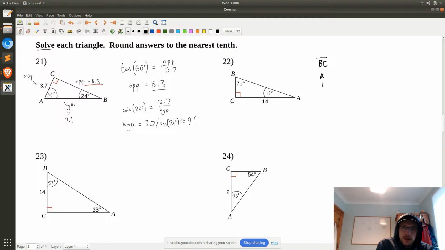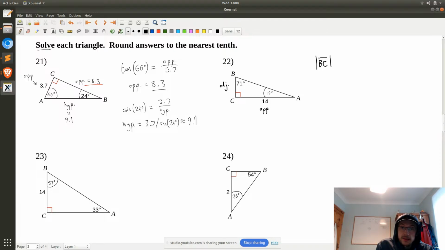And this is how you say the length of side BC. So here I go. It's going to be the adjacent to 71, and 14 is the opposite side.